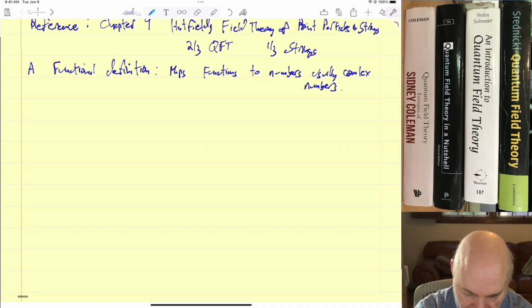And we denote functionals by square brackets.